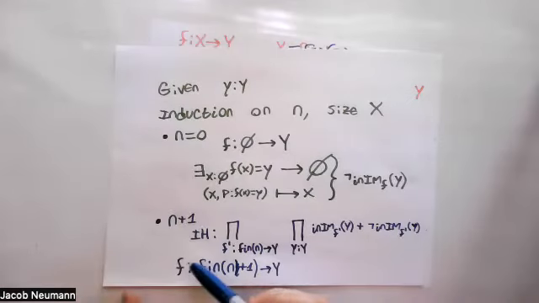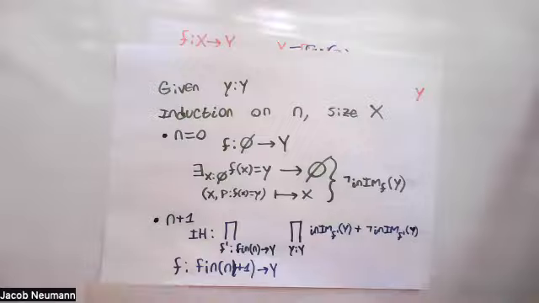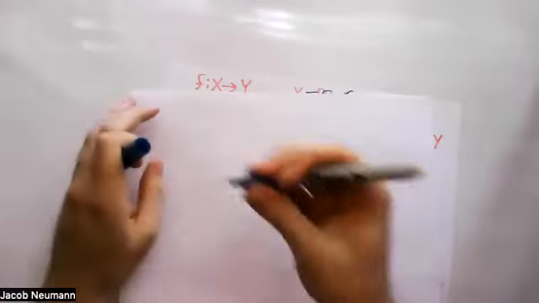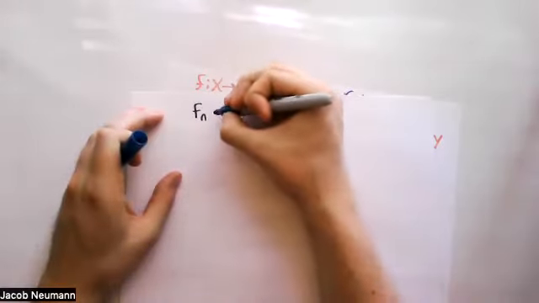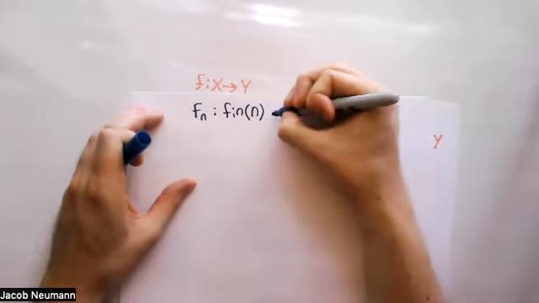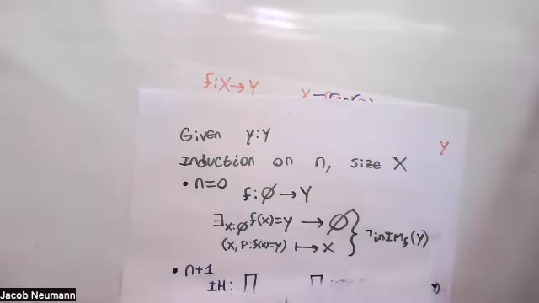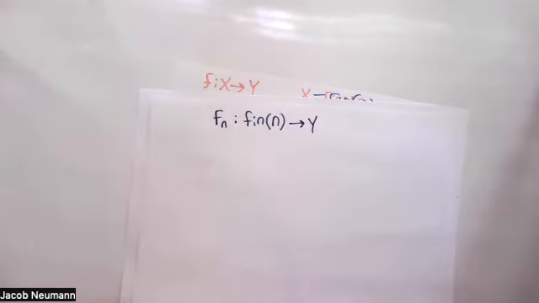And so here I have a function f from fin of n plus 1 to y, and so I can restrict that to fn from fin of n into y. And so this is going to end up being the f prime I want to use for the inductive hypothesis.